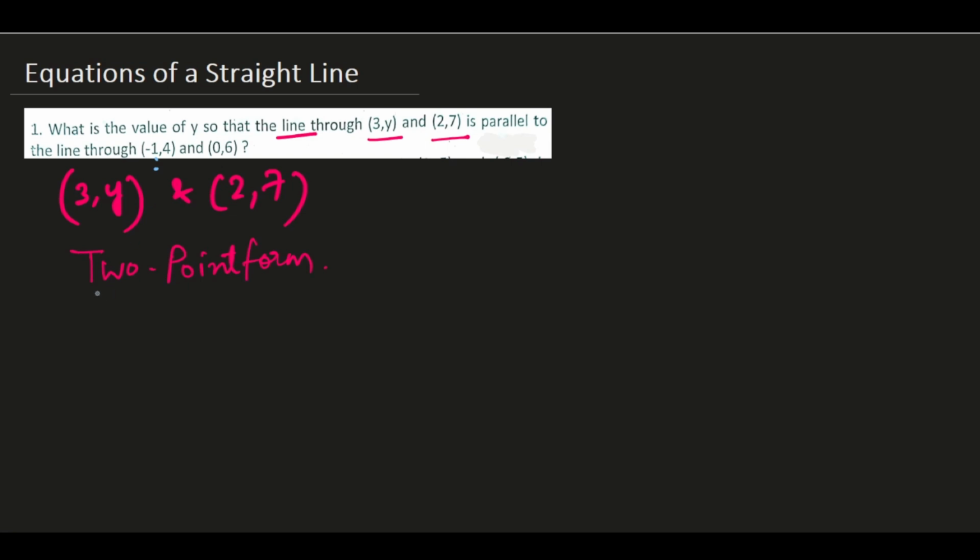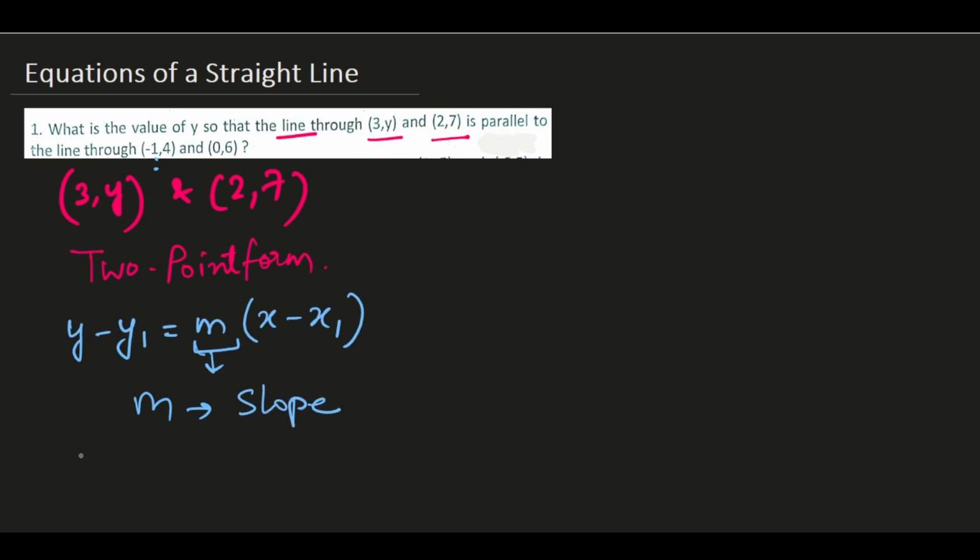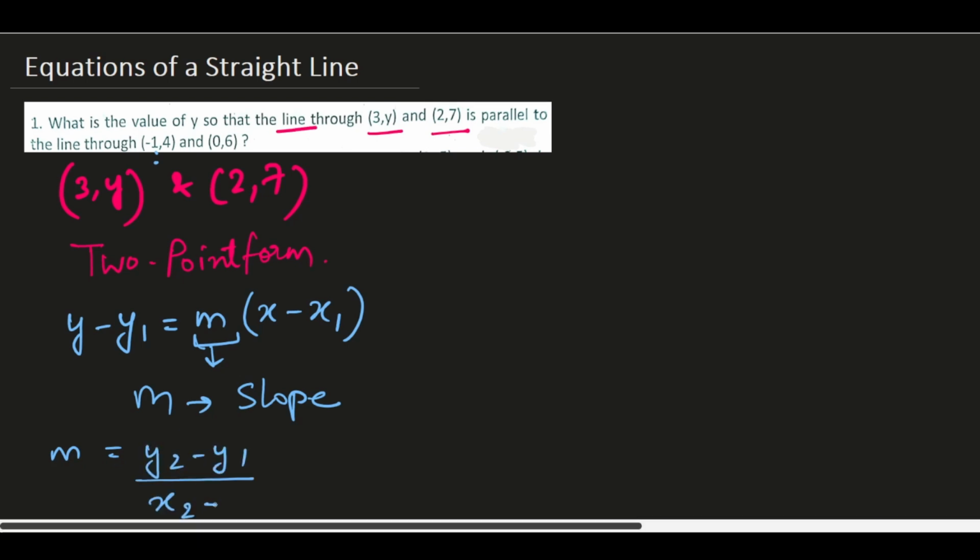The equation of 2 point form is y minus y1 is equal to m into x minus x1. m stands for slope, and the formula of m here is y2 minus y1 divided by x2 minus x1. So this was about 2 point form. 2 point form is used when we have 2 points and we have to make a straight line out of those 2 points.